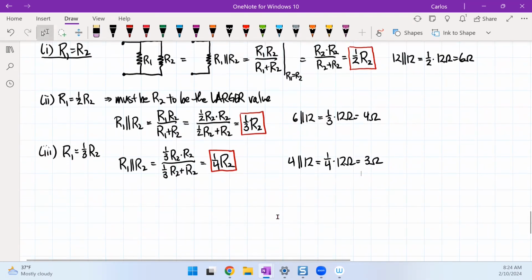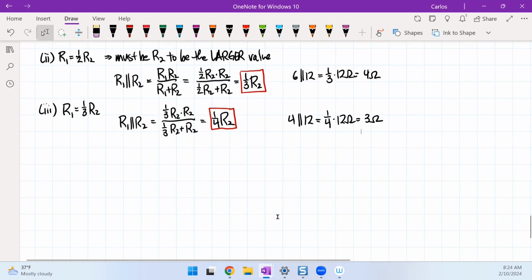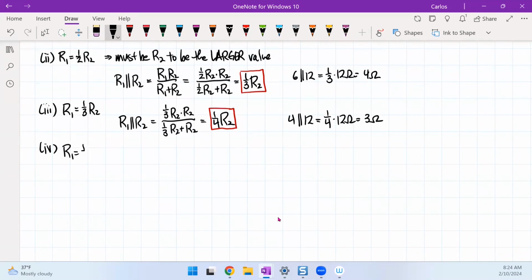So you probably get the pattern now. If I go to the next one, what if I choose R1 equal to 1/4 times R2? Right away, that tells us, without doing any more algebra, that this must be 1/5 R2.